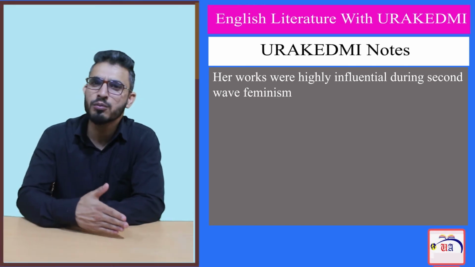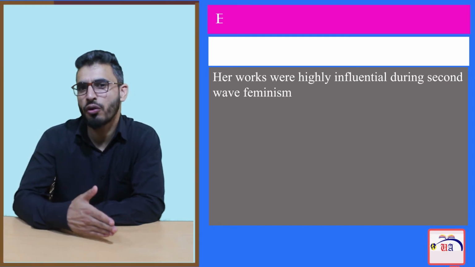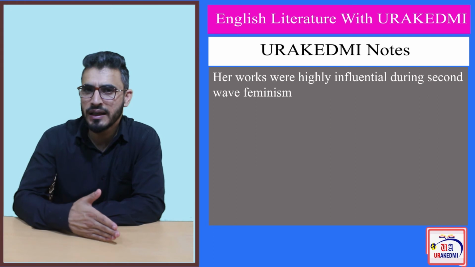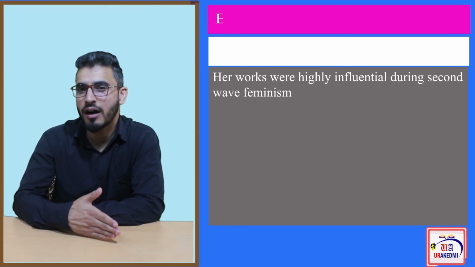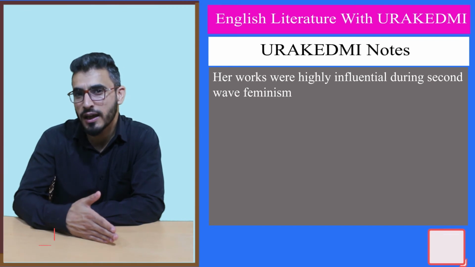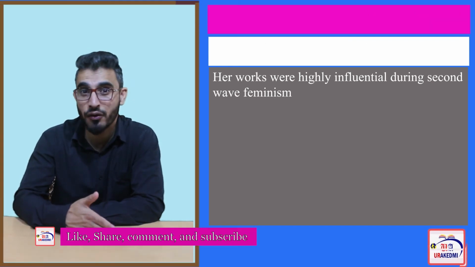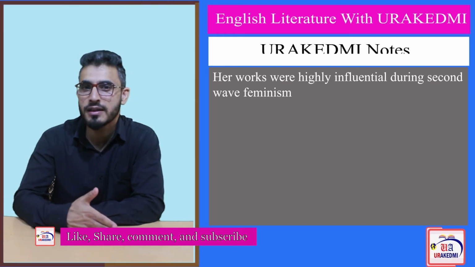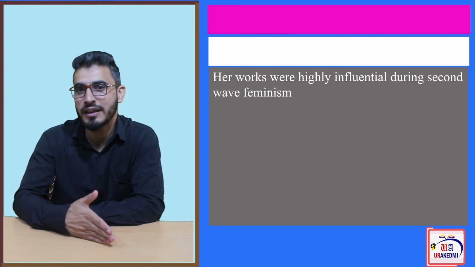Virginia Woolf led the movement in England for women's right to writing. She believed that in Western society there is no lack of intellectuality among females. Females are intellectuals, they can write, they can read, but the problem with females in the West is that they are not given enough space or right to write.